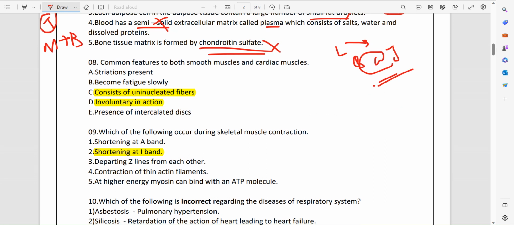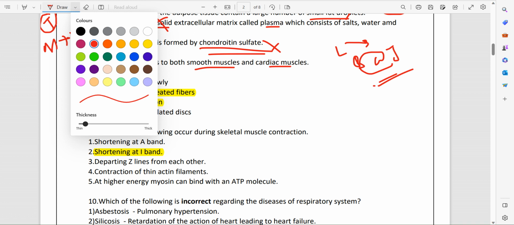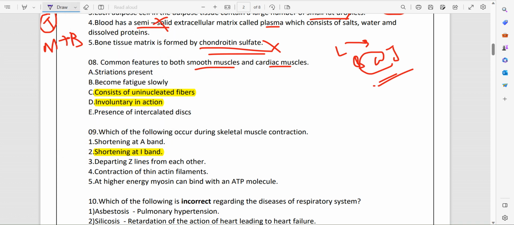And the eighth one, a common feature to both smooth muscles and cardiac muscles. The theory about the whole muscle topic is on YouTube. I have added a theory video. You can refer to that if you need more information about that section, but I will give a small summary. We have three types of muscles: smooth, skeletal, and cardiac.